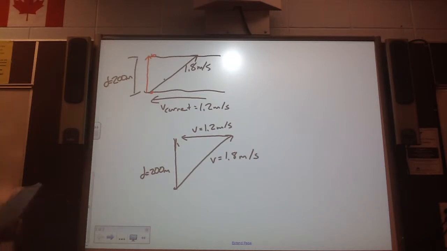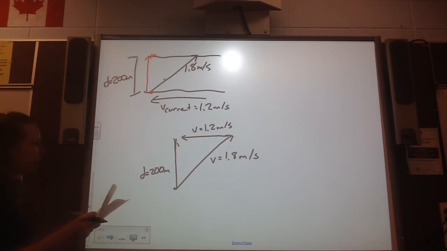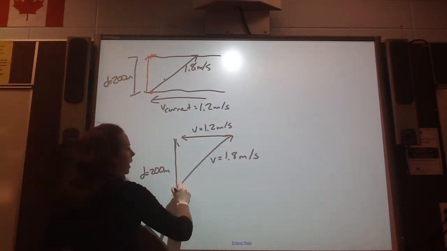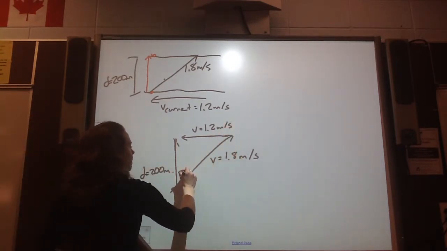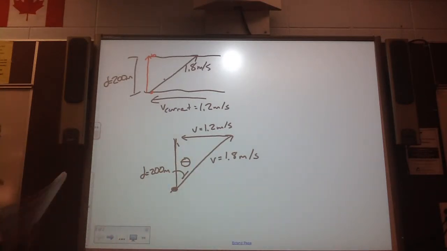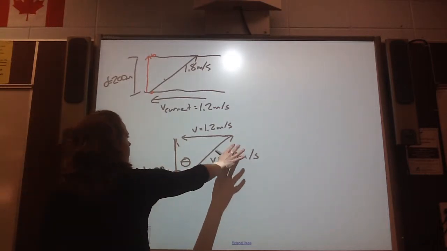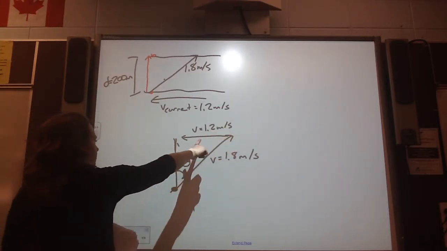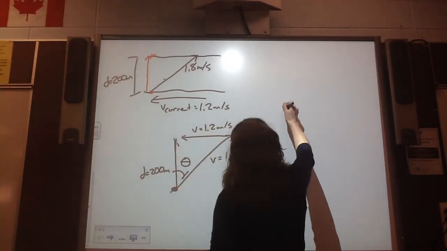So next it says to find the angle at which she must direct herself. So since she's starting here and going in this direction, this is my angle that I need to find out. So I need to use the same units whenever you're doing your sine, cosine, etc. So I'm going to use this information here. So my opposite over hypotenuse, which will be sine.